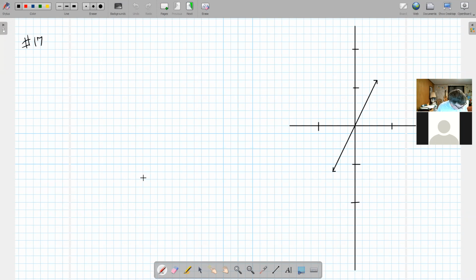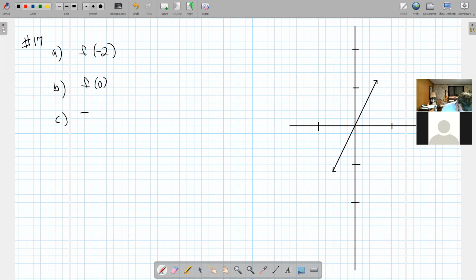So this is problem 17 from section 8.3. Part A says f of 2, negative 2. Part B is f of 0.